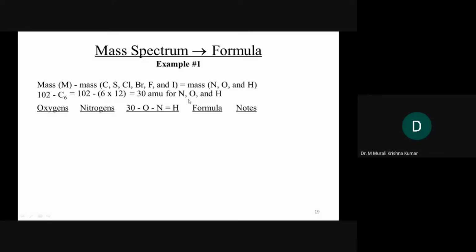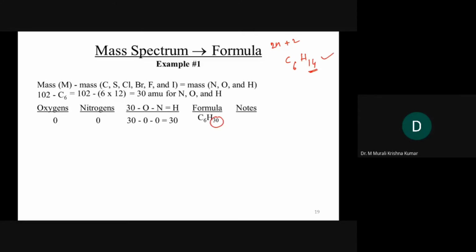Now, how many nitrogens, oxygens or hydrogens can we keep? Let's say we keep 0 nitrogen, 0 oxygen. The molecular formula is C6H30. Is it possible? The maximum number of hydrogens that can be loaded onto C6 is H14, from 2n plus 2, meaning 2 times 6 is 12 plus 2, 14.